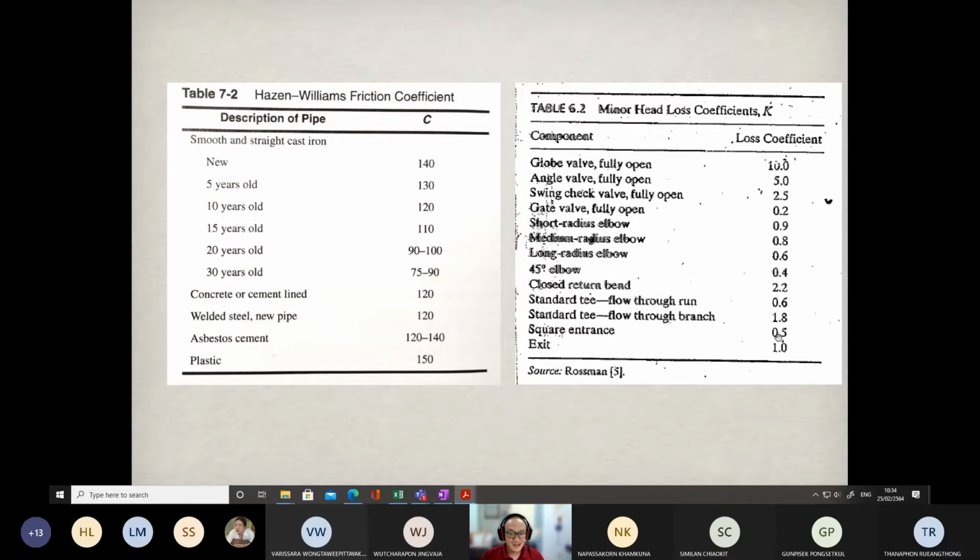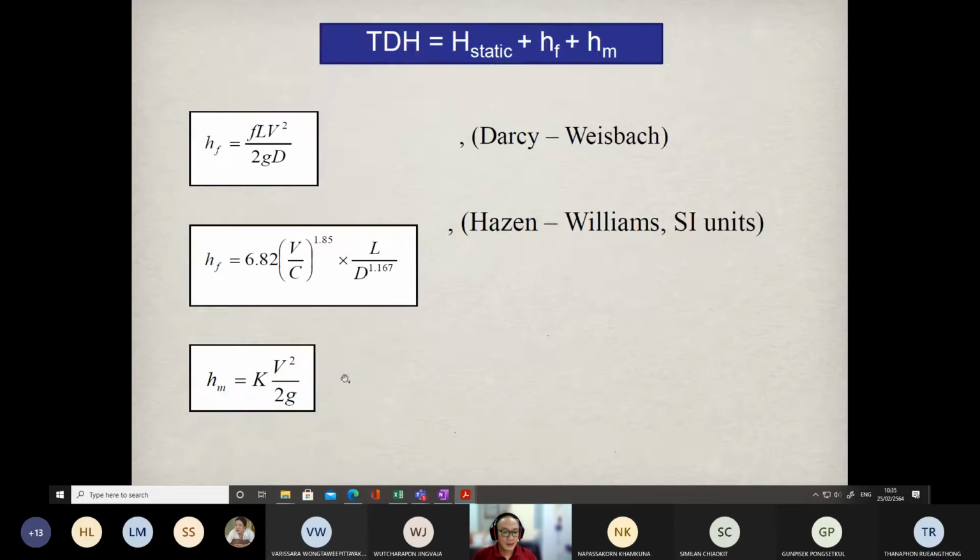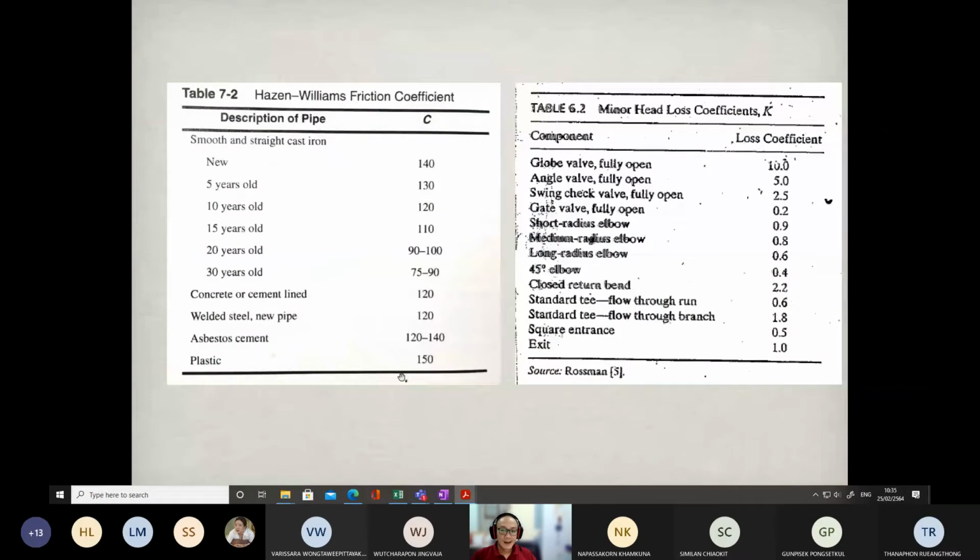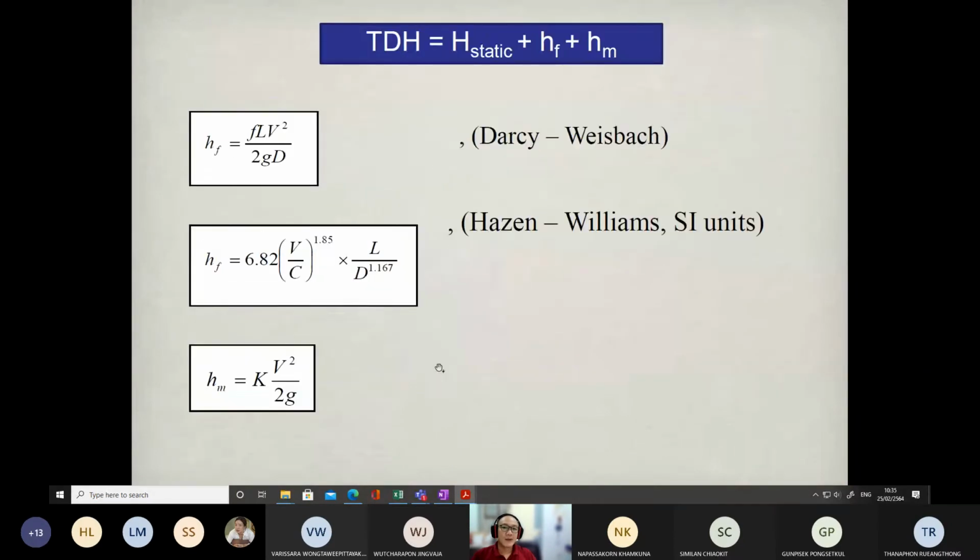The square entrance is just 0.5. So it depends on the types of connections in the piping system. So you have to apply this to determine the minor loss.